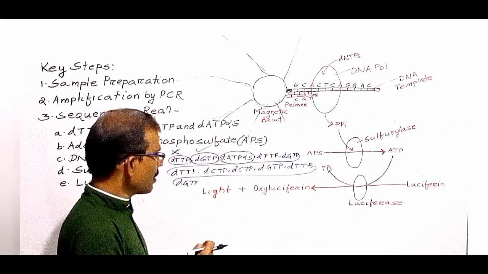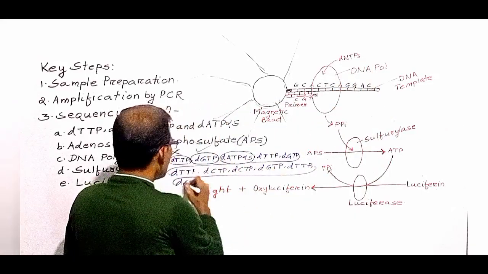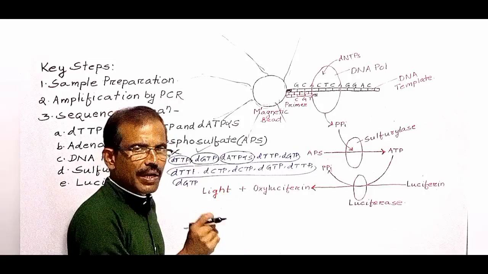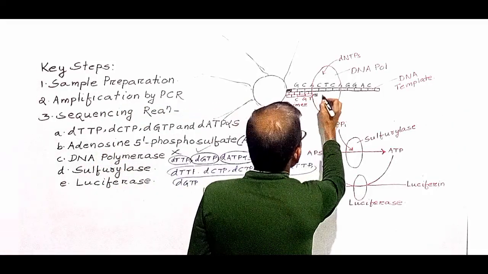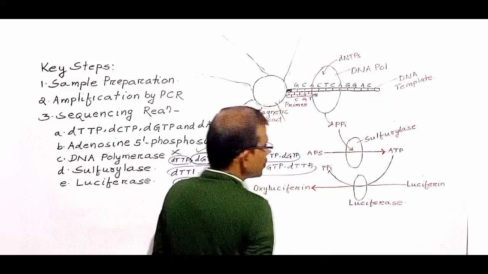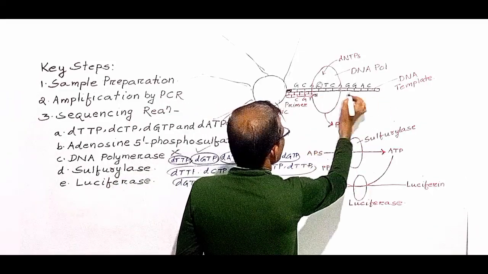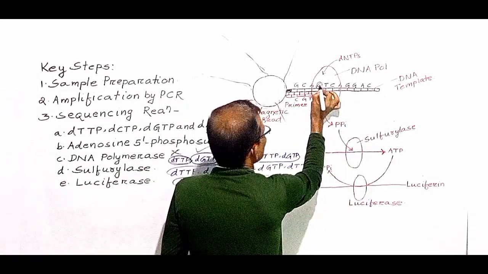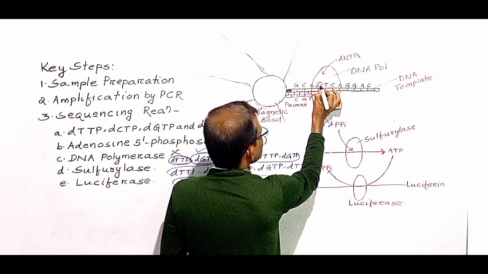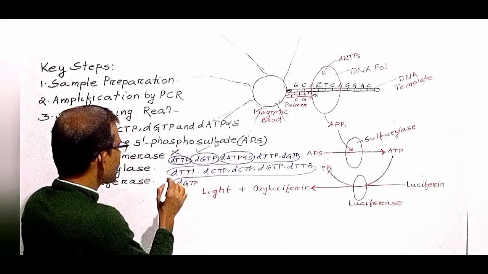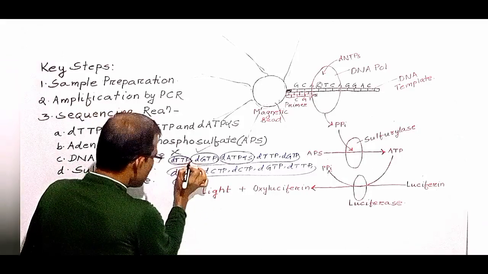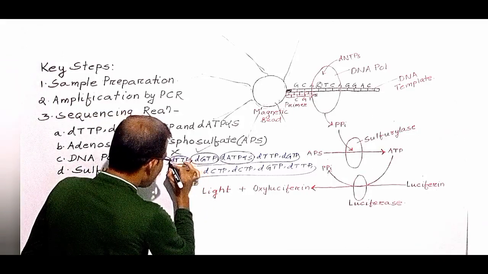In this figure, this is the order in which we will add various deoxynucleotides for the synthesis of the complementary strand. Here you see that on the DNA template, the first nitrogenous base is cytosine. So according to this order, first of all we will add dTTP.